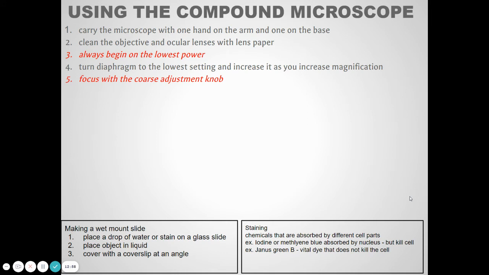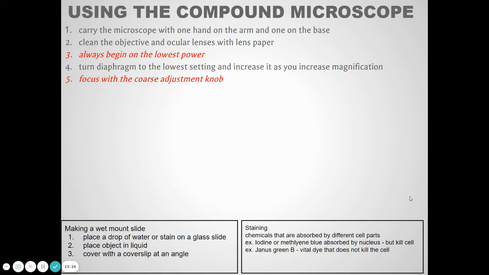You have also a piece that's called the diaphragm. And the diaphragm controls how much light goes through the microscope. There's a dial over here, and it's got little holes in it.